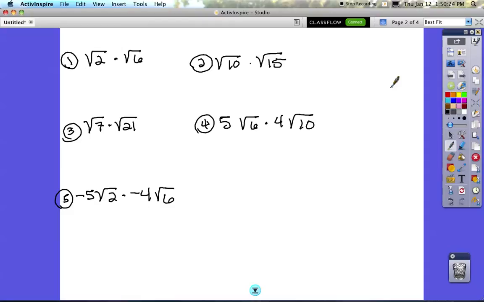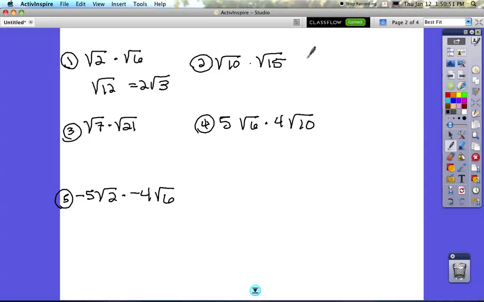All right, let's look at the answers to these. So square root of 2 times the square root of 6 is the square root of 12, and that breaks down to what? How can you simplify that? 2 square roots of 3. You only have one pair of 2, so you pull 1 2 to the outside of the radical.